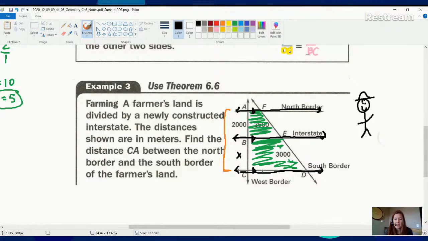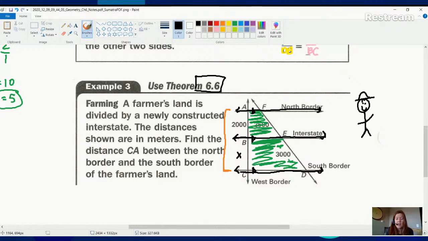Now when I set that up, I realize this should be in a proportion thanks to theorem 6.6. We've got 3 parallel lines that are cut by 2 transversals, so the sides that are divided should be proportional.